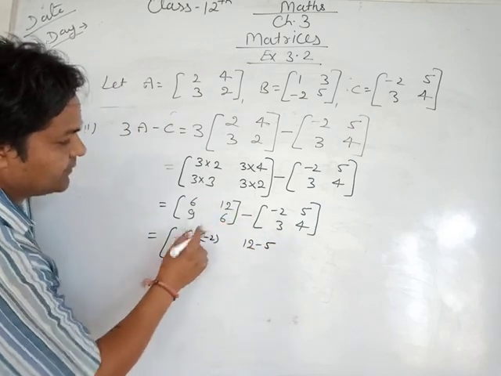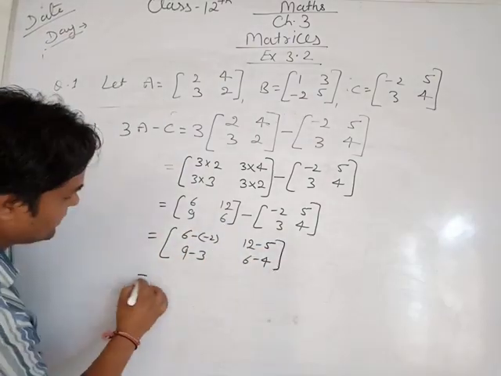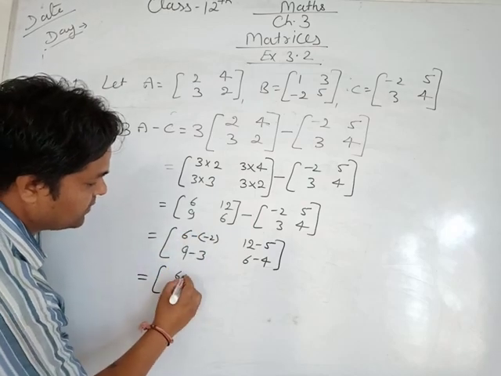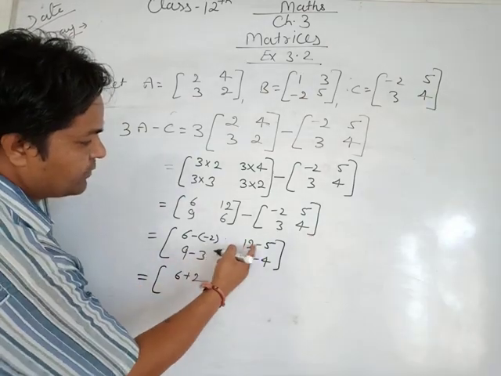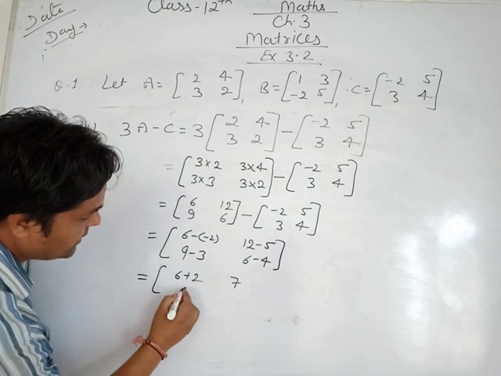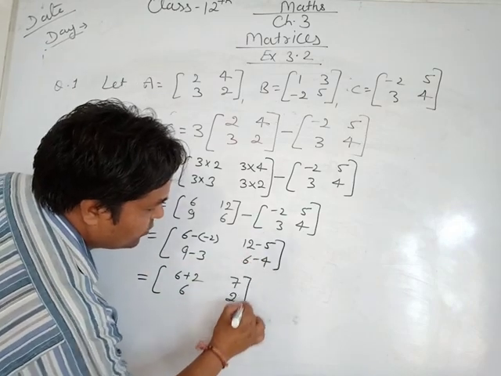Next is 6 minus minus 2, plus 2, 6 plus 2, 12 minus 5 is 7, 9 minus 3 is 6 and 6 minus 4 equal to 2.